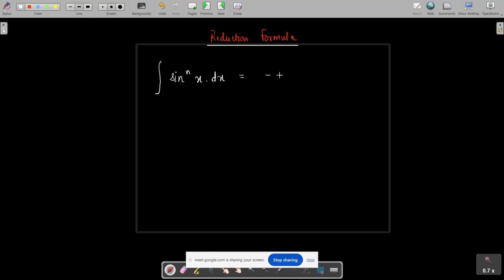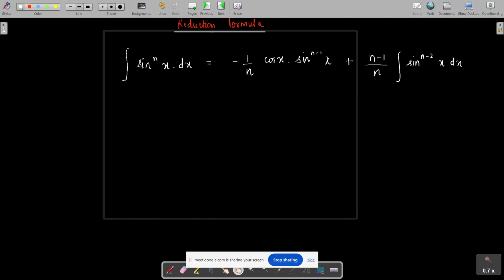This will be equal to negative 1 over n times cosine of x times sine raised to n minus 1 x plus n minus 1 over n integral of sine n minus 2 x dx. Okay, and here this is only applicable when your n is greater than or equal to 2, and obviously it has to be an integer.